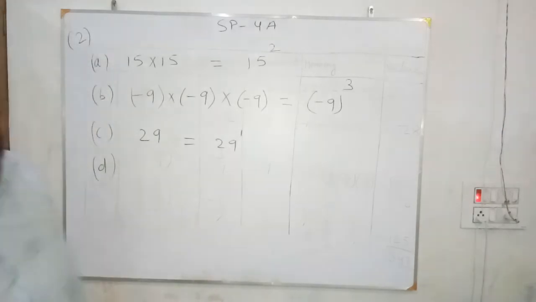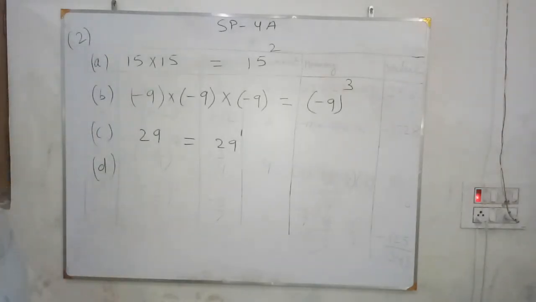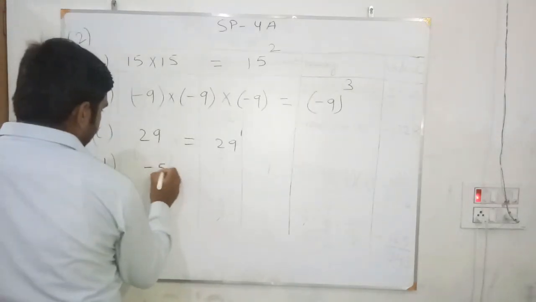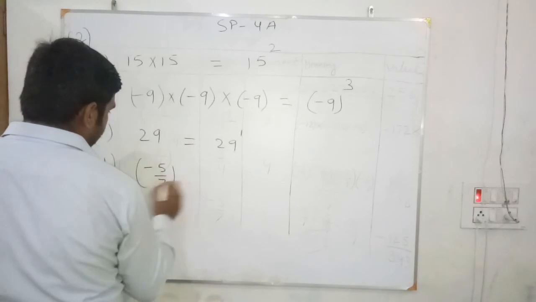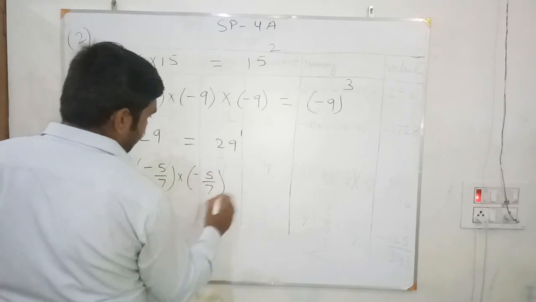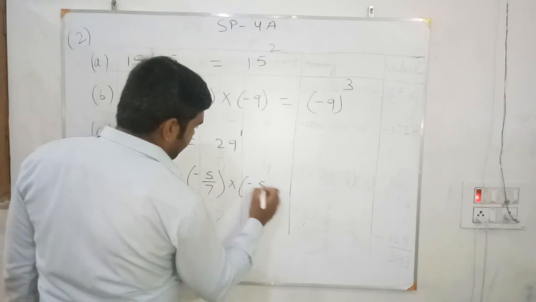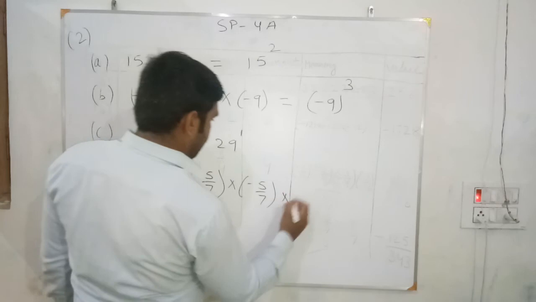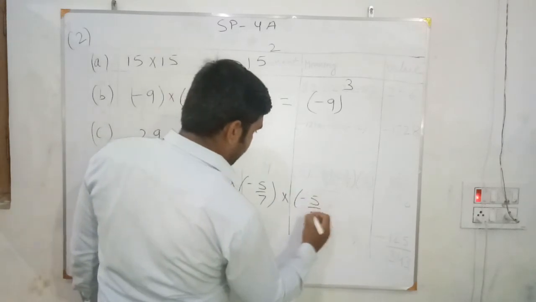Now D, you see, minus 5 by 7, minus 5 by 7, minus 5 by 7, it is multiplied 4 times.